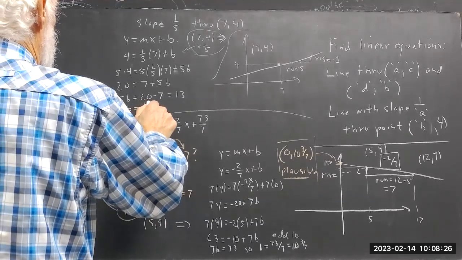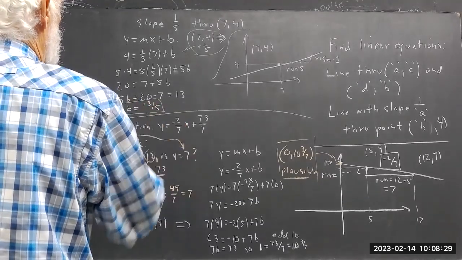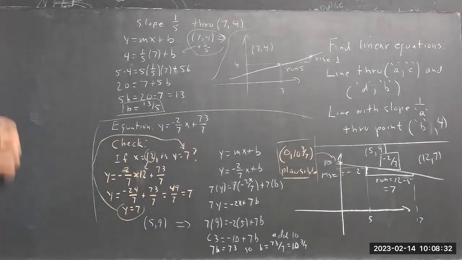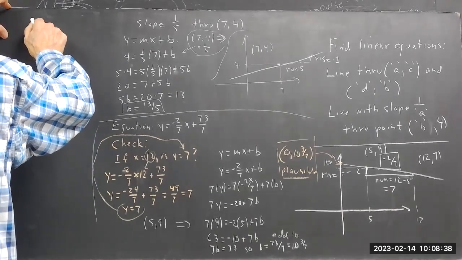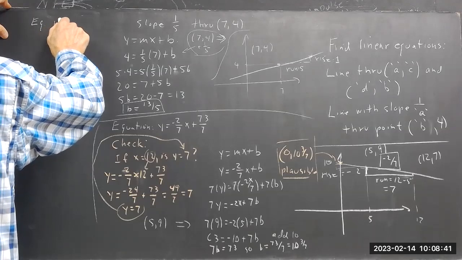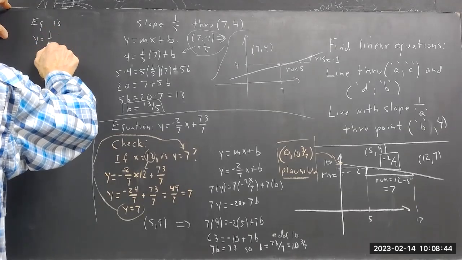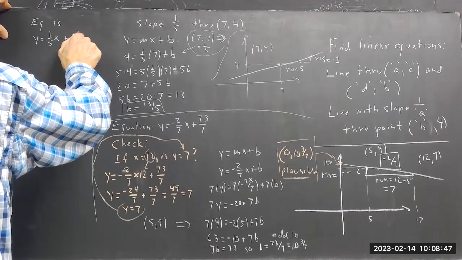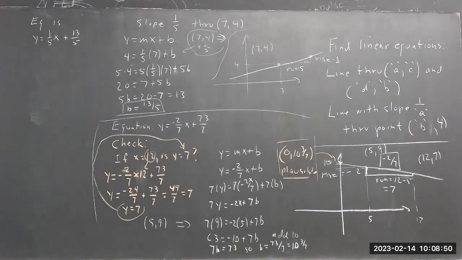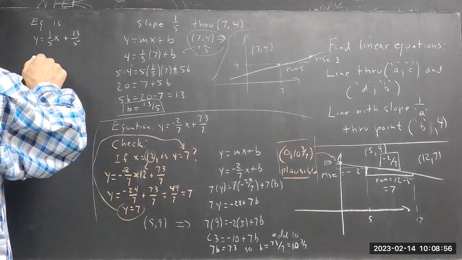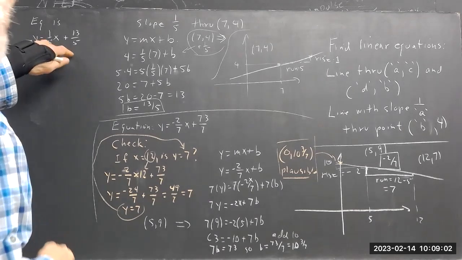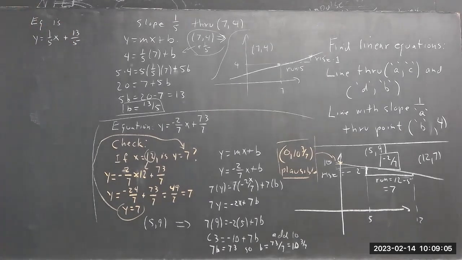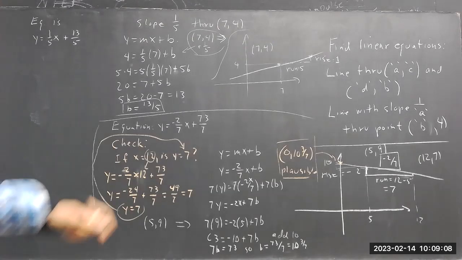b equals 13 over 5. So now the equation: y equals 1/5 x plus 13/5. That 13/5 is like 2 3/5. Actually, it's closer to 3 than 2.